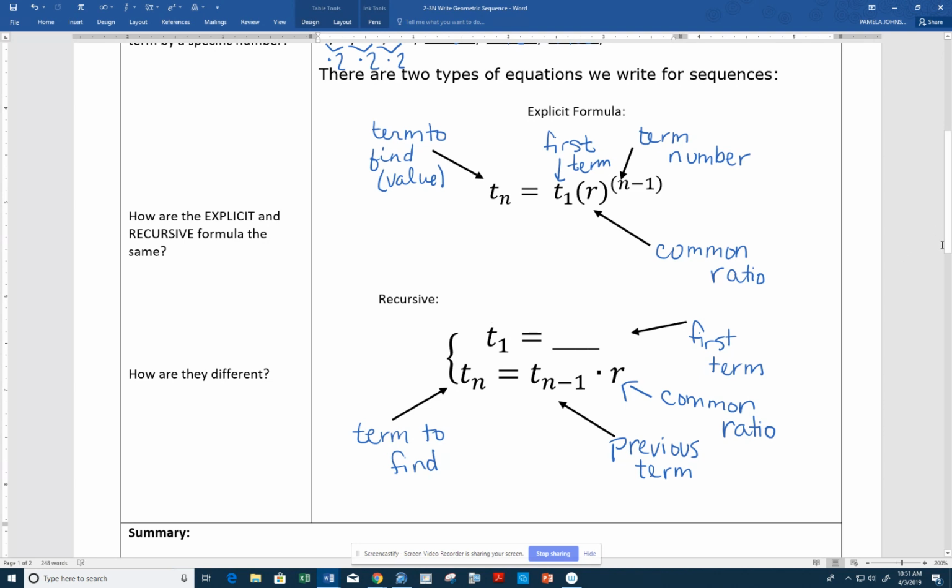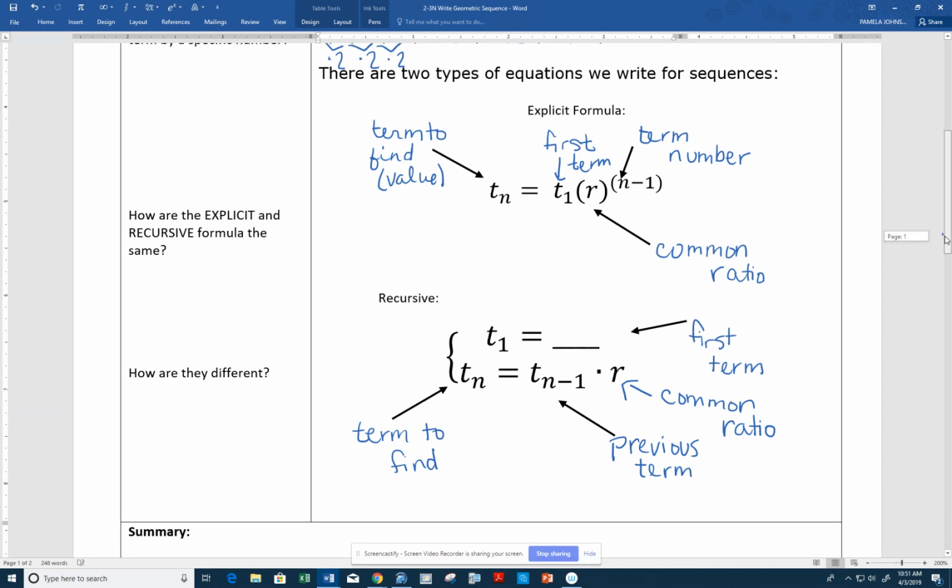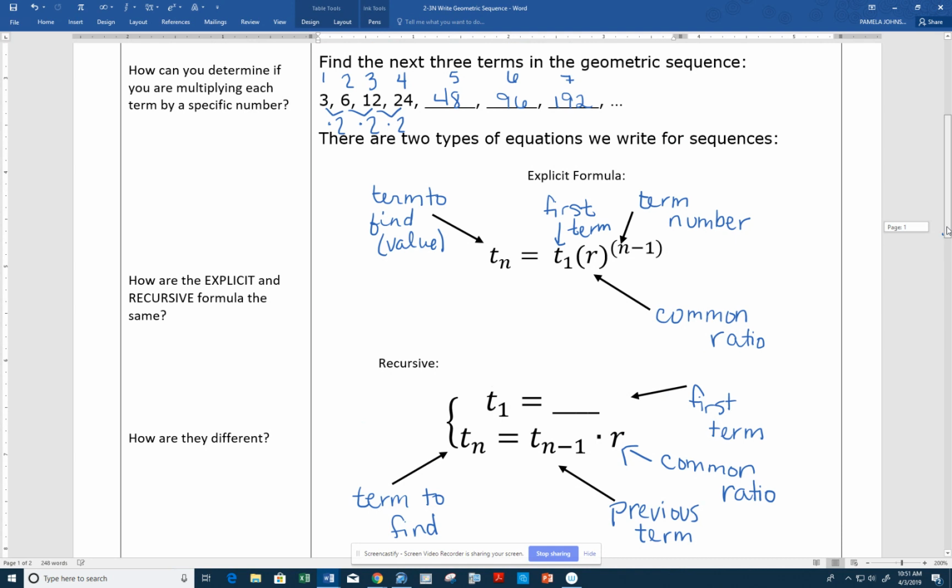All right, let's look back at our example that we have up here, the 3, 6, 12, 24. If we look, 3 is our T sub 1. The 2 is our common ratio.